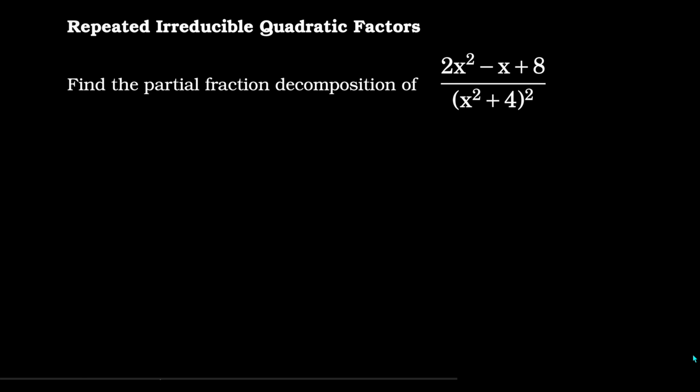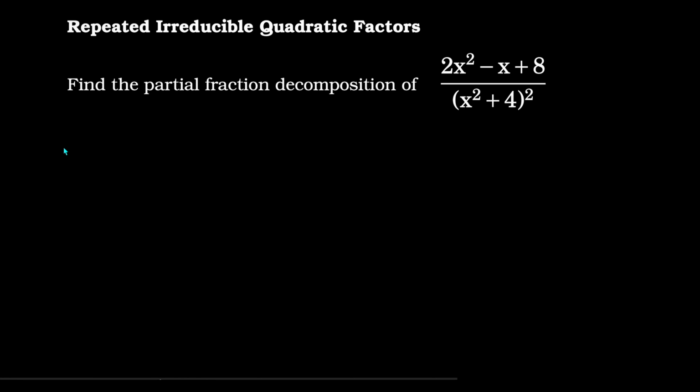So the last of all the 4 possible cases that we can have is the repeated irreducible quadratic factors, and in this case the process of decomposing an expression like this is quite similar to having a regular irreducible quadratic factor, only for the fact that this is repeating.